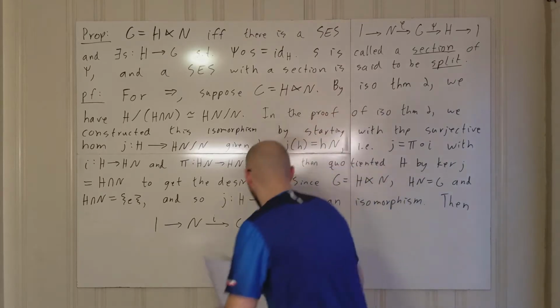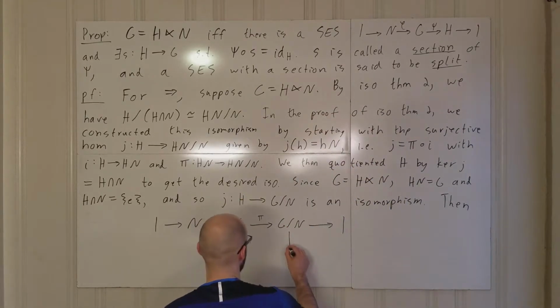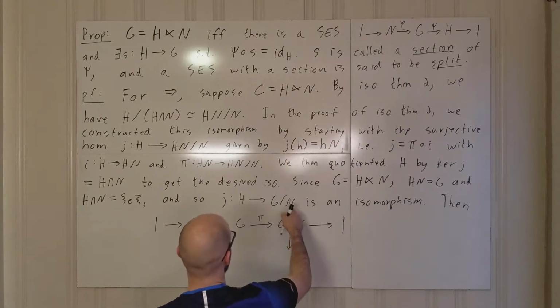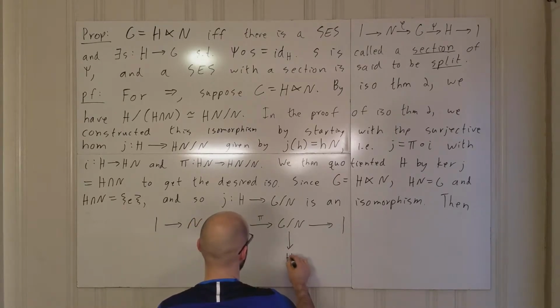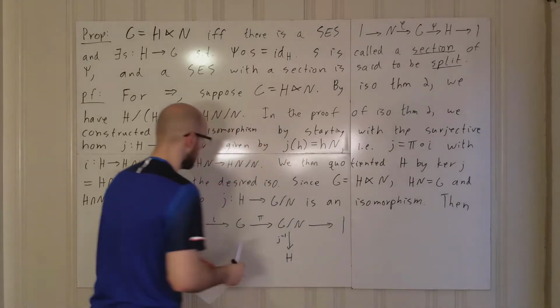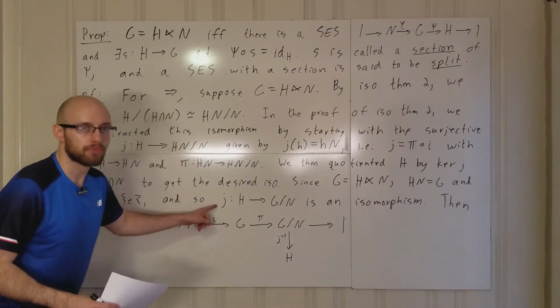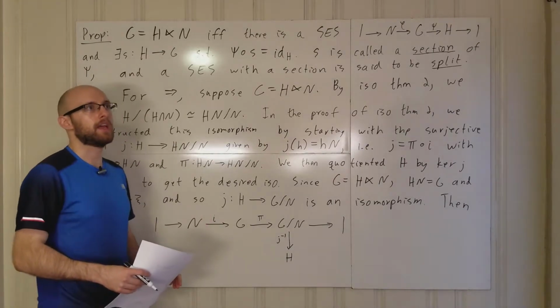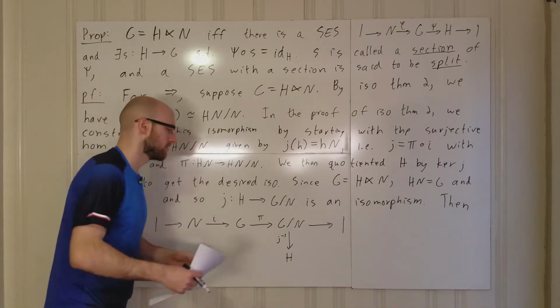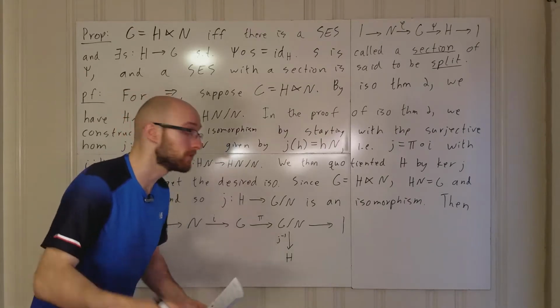But what we have now is we have this map here. We can go from G mod N to H by J inverse. And that's a well-defined map because J is an isomorphism, and so it has an inverse, which is an isomorphism.